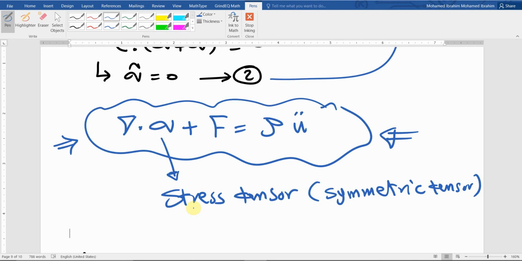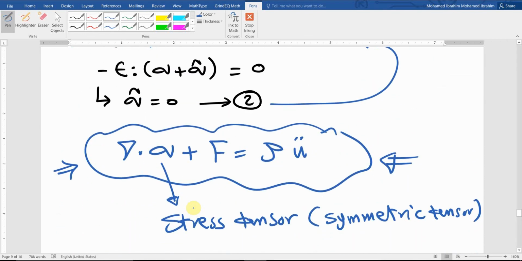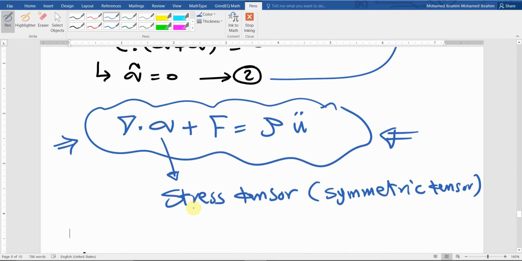This general tensor has a symmetric part and a skew symmetric part. But according to classical mechanics, the skew symmetric part is 0, so we can just consider the stress tensor to be a symmetric tensor.